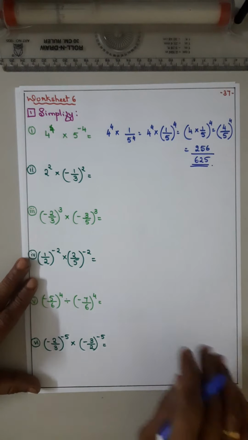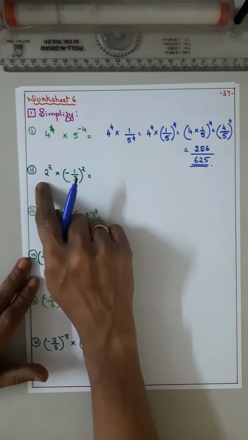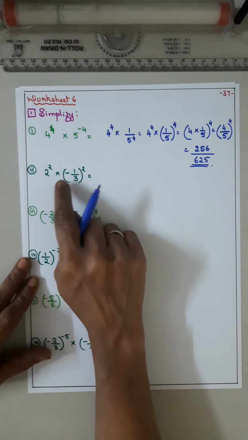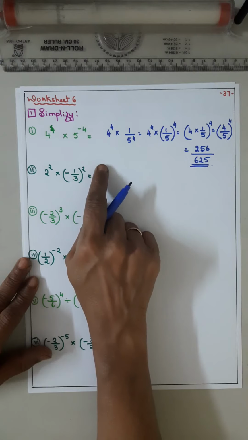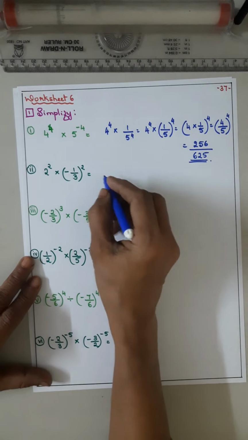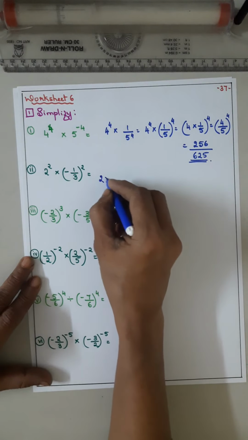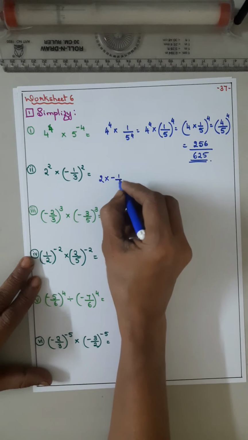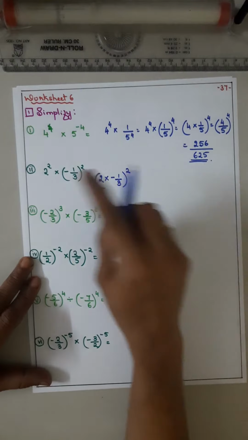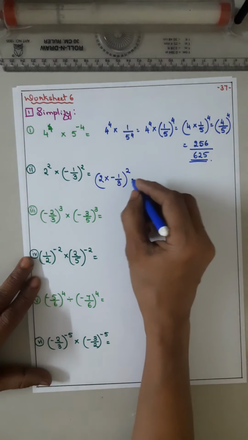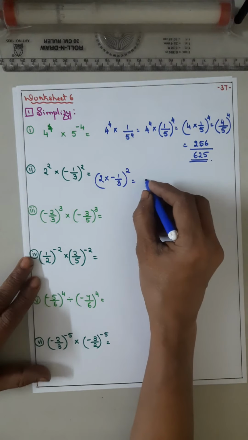Now coming to the second: 2 to the power 2 into (minus 1 by 3) the whole raised to 2. That means (2 into minus 1 by 3) the whole raised to 2. Powers are the same, bases are different. So how much did it become?